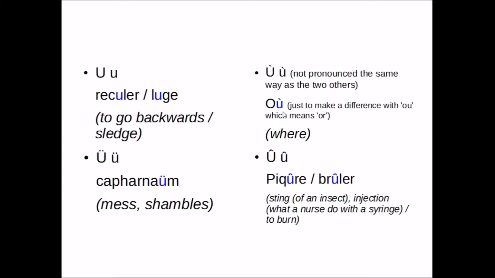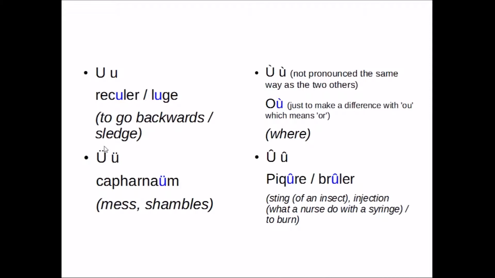So there is two words ou in French spelled the same way, so to make a difference between them we put an accent here to not confuse them. So the other one is this one, and it's pronounced ou, and it means or.